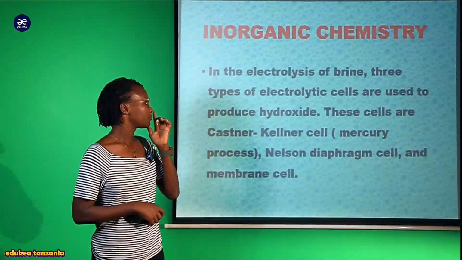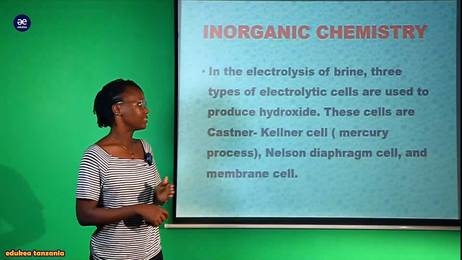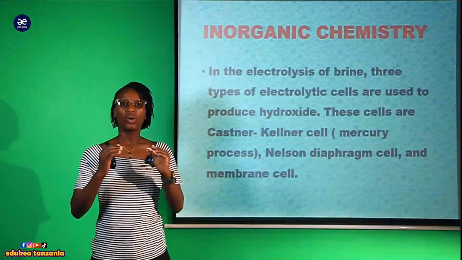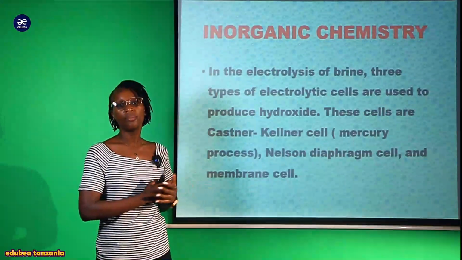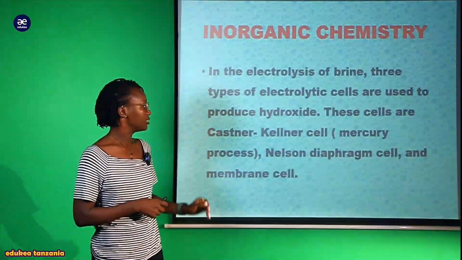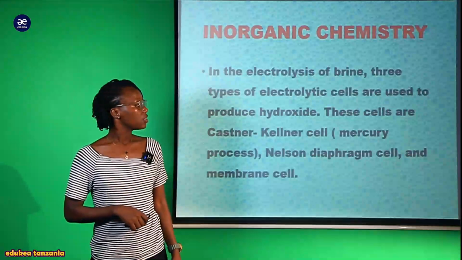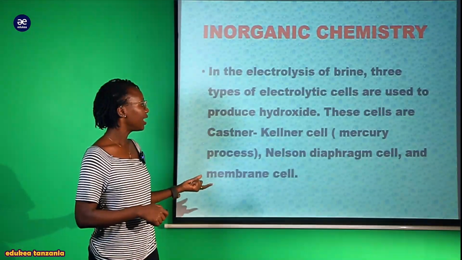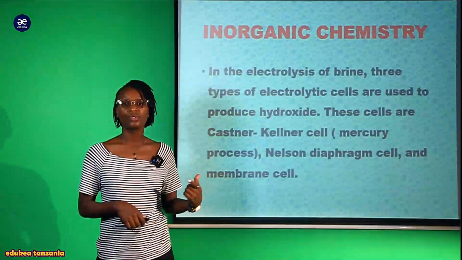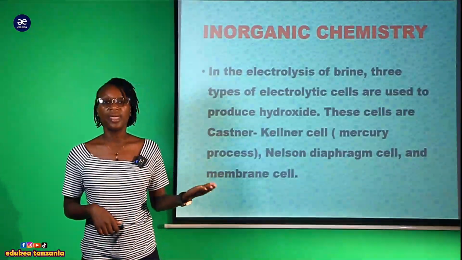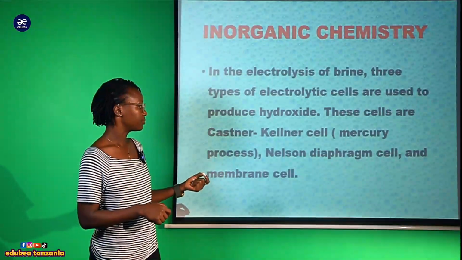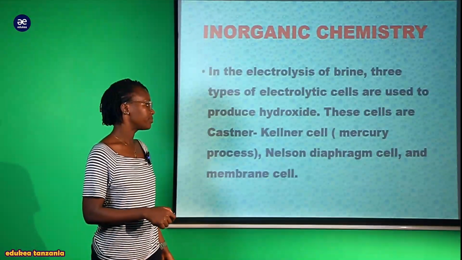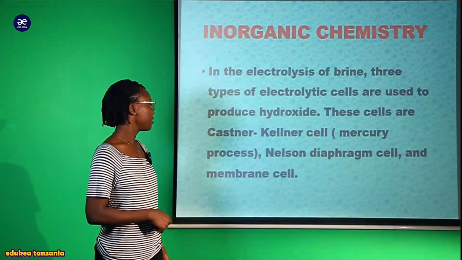So it says that there are three cells which are set up in order to perform this electrolysis. What are they? These cells are the Castner-Kellner cell, which is closely associated with the mercury process, sometimes known as the mercury process. But also we have the Nelson diaphragm cell and also the membrane cell.